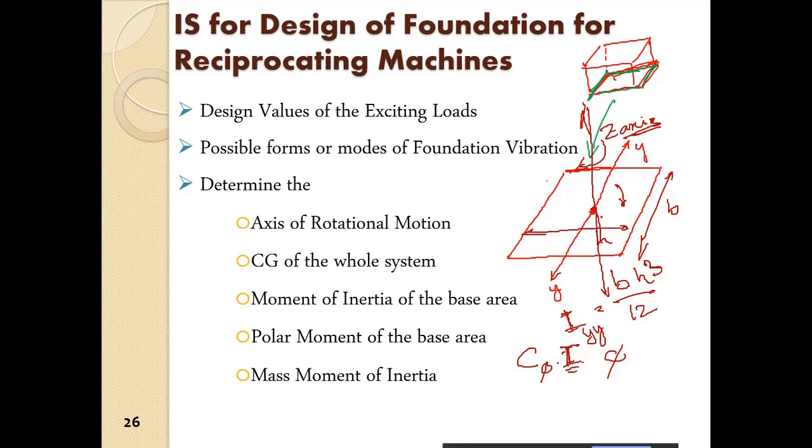When there is rotation about this plane, the plane will move in this direction and then this direction. That is the yawing motion which we described. In that case we need to find the polar moment of inertia.